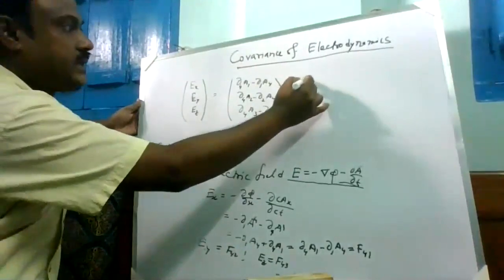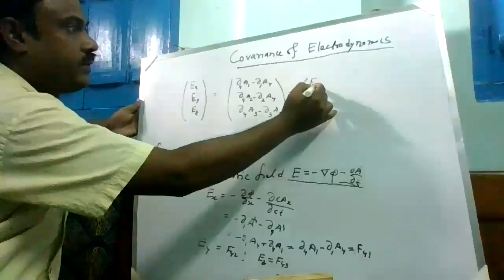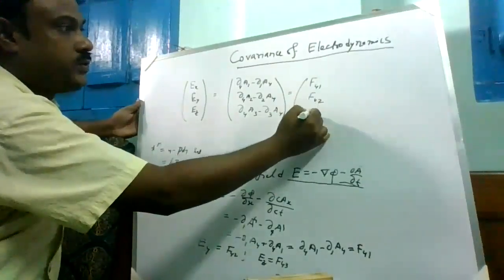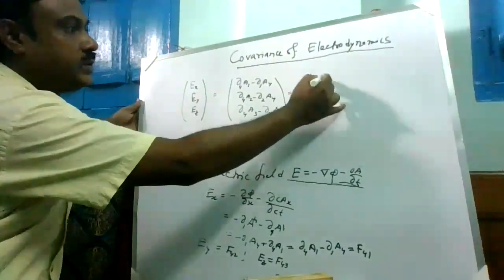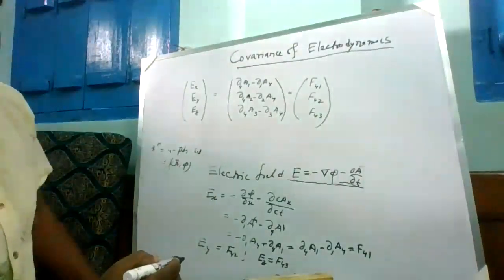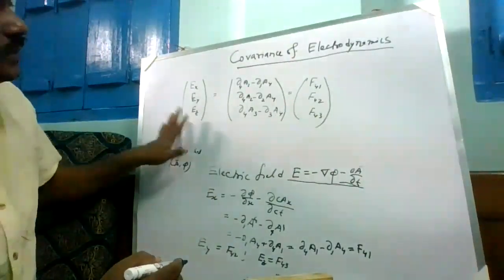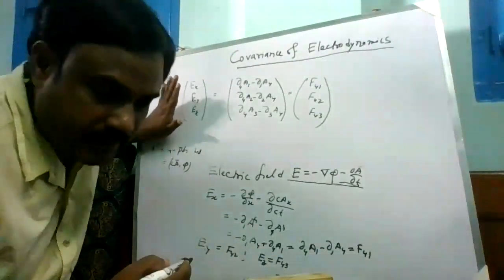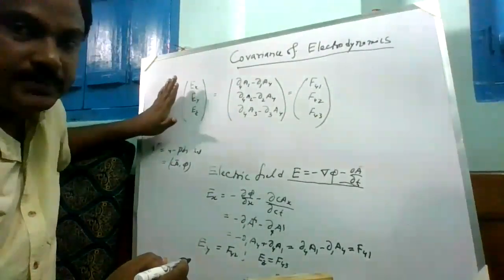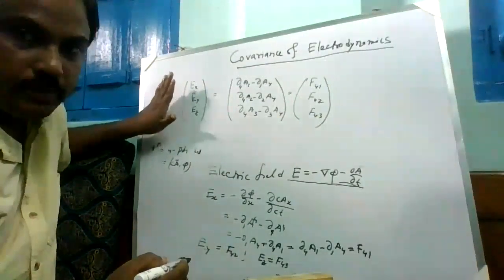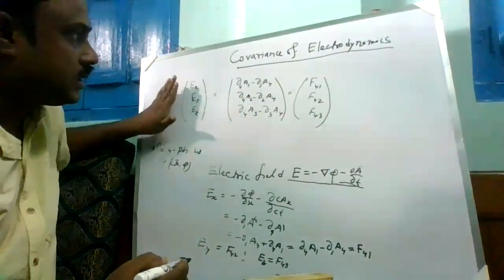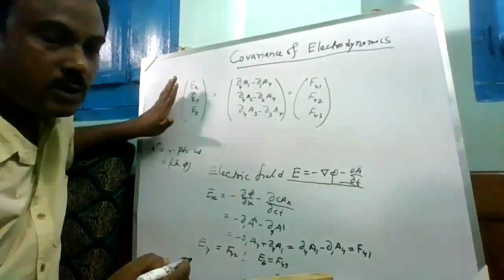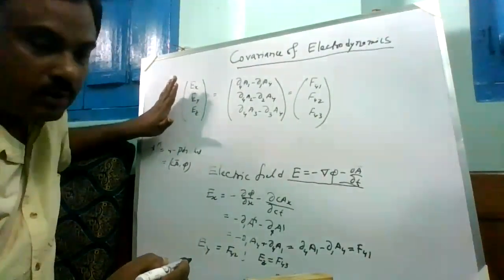And this is F41, F42, F43. So we get the components of the electric field to be equal to the components of a covariant tensor of rank 2.